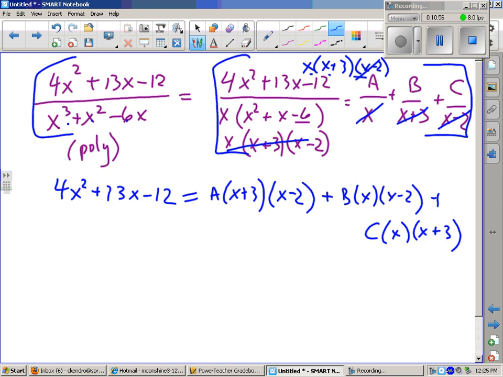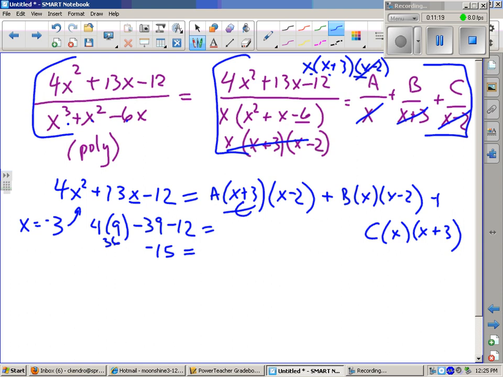Okay, choosing to lose. I'm going to choose x equals negative 3. So plugging that in, I get 4 times 9. Negative 3 times 13 is negative 39 minus 12. So I have 36 minus 39 is negative 3, so that's negative 15.